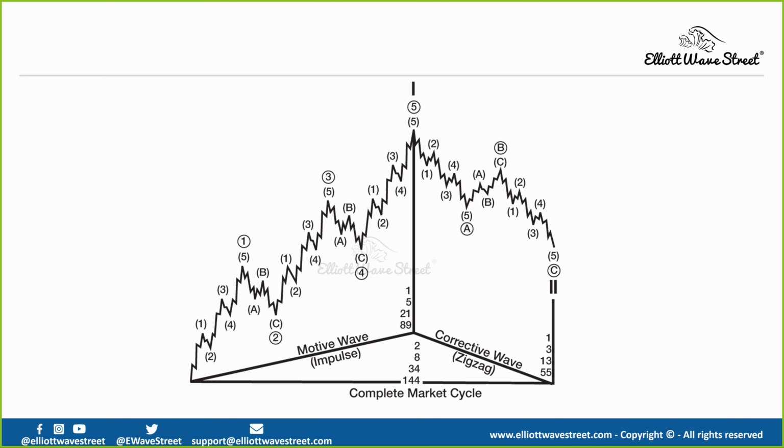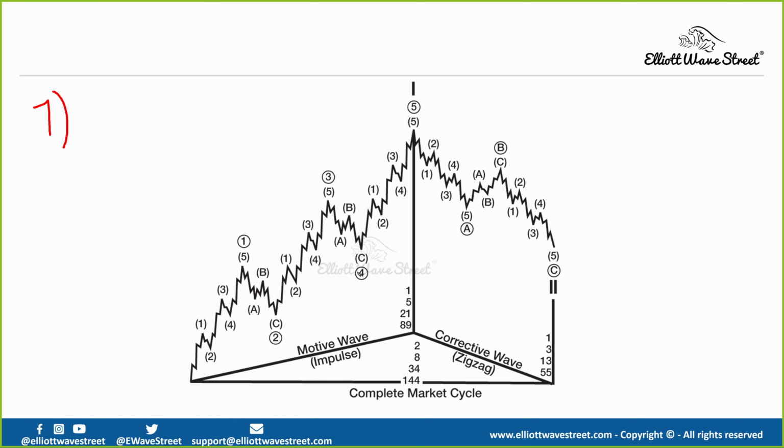Here we have the Elliott Wave complete market cycle. This complete market cycle is the foundation of the wave theory, because the main plan when we are analyzing the markets with this approach is, first of all, finding where we are in this chart.